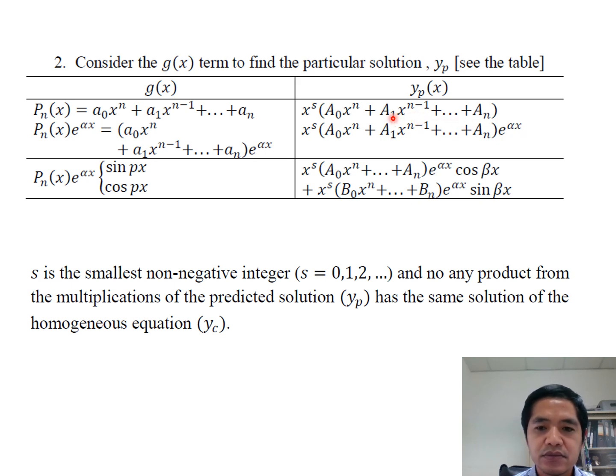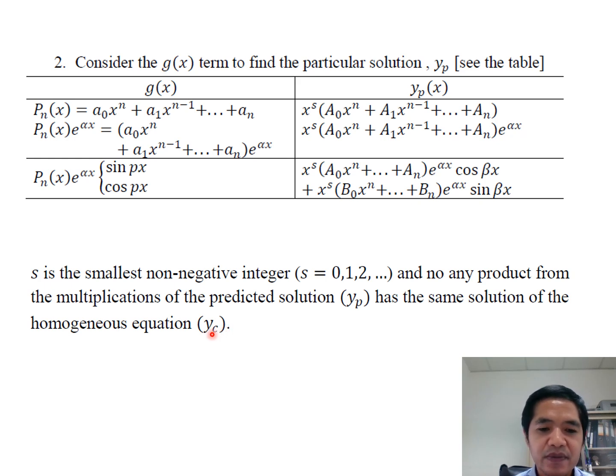Okay, and s here, I'm going to tell you now, s is the smallest non-negative integer. It can be 0, 1, 2, 3, until you satisfy this condition: no term in the predicted solution yp has the same form as a solution of the homogeneous equation. So yc here is from the homogeneous equation that you got from the previous slide.